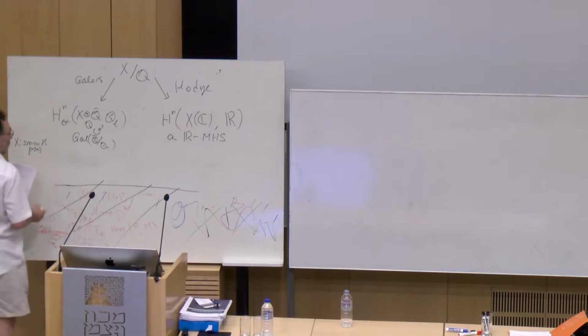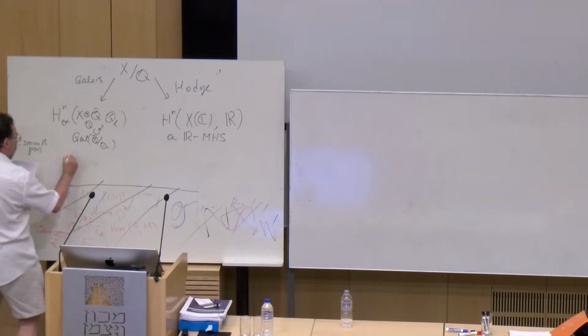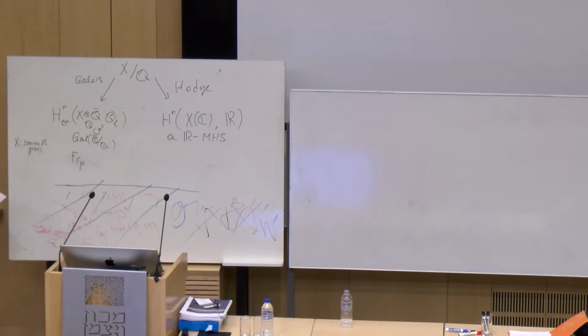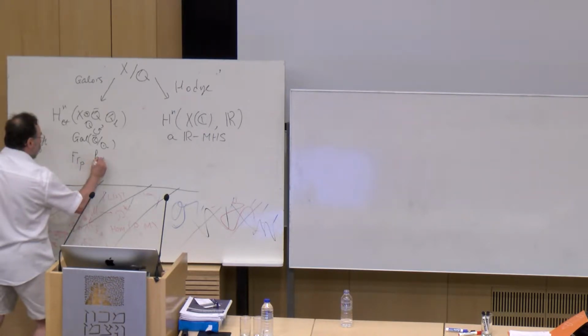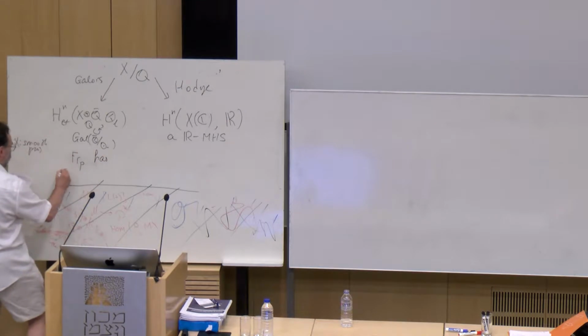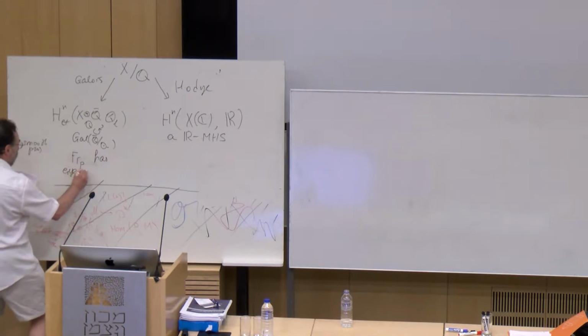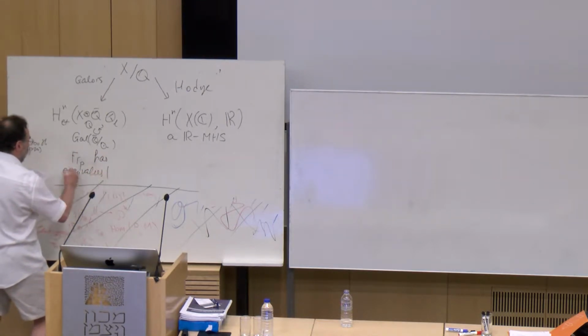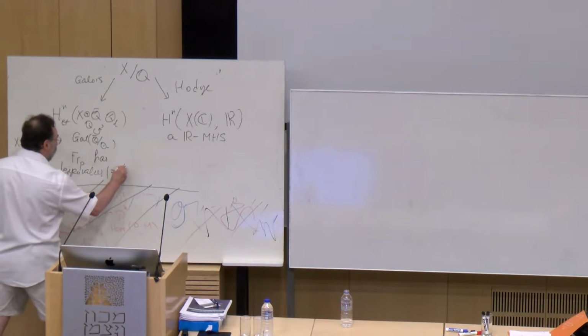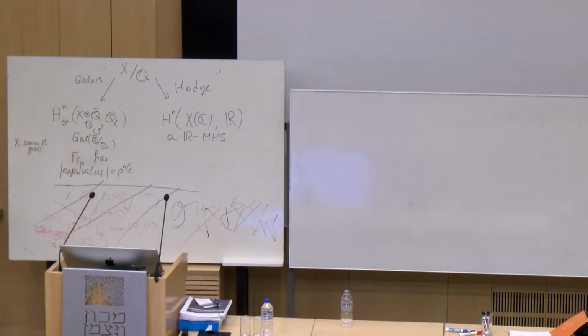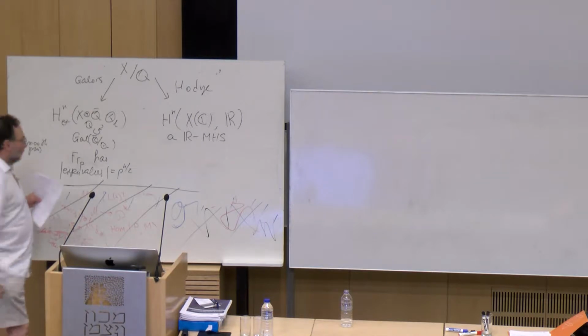If you have a point P of good reduction, then there is a Frobenius element acting, and this Frobenius element has eigenvalues, and their absolute value is p^(n/2). This is the famous Weil conjecture proved by Deligne.